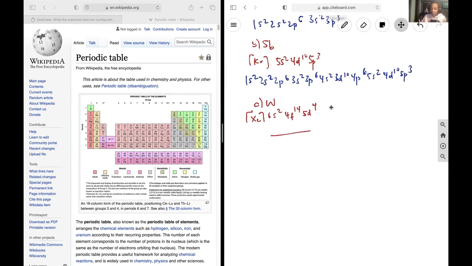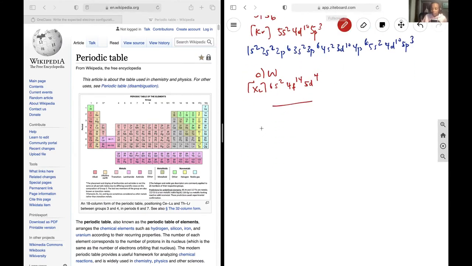Next up, Pb. We want to find it first, and that's going to be right here. The closest noble gas is xenon. Let's just put that in the square brackets. Now we need to get to it.